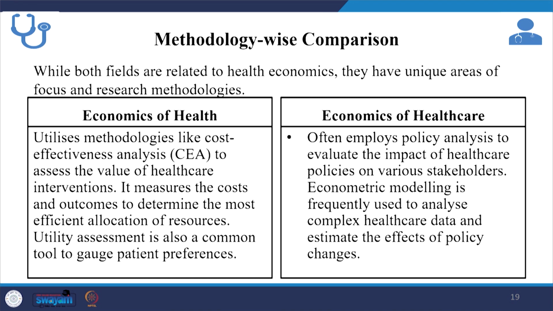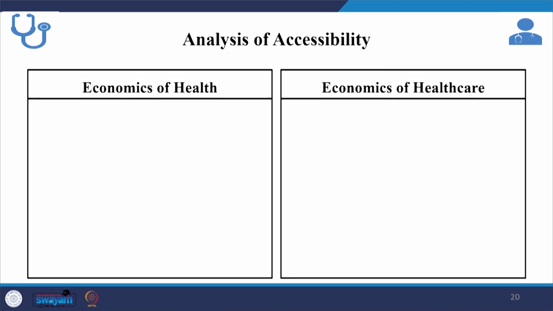Whereas in case of the other one, it often employs policy analysis to evaluate the impact of healthcare policies on various stakeholders. Econometric modeling is frequently used to analyze complex healthcare data and estimate the effects of policy changes, and therefore economics of healthcare is largely used in different papers in recent times, emphasizing a number of directions.